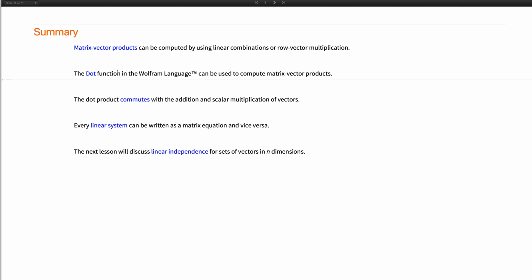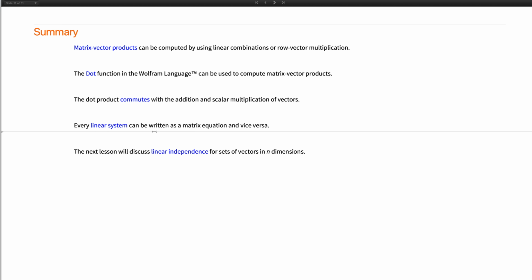And of course, that's a function we'll often encounter in the course, so it'd be nice if you can get familiar with it. Now, the dot product has nice properties, commutes with the addition and scalar multiplication of vectors. That's good to know. And finally, every linear system can be written as a matrix equation and vice versa.